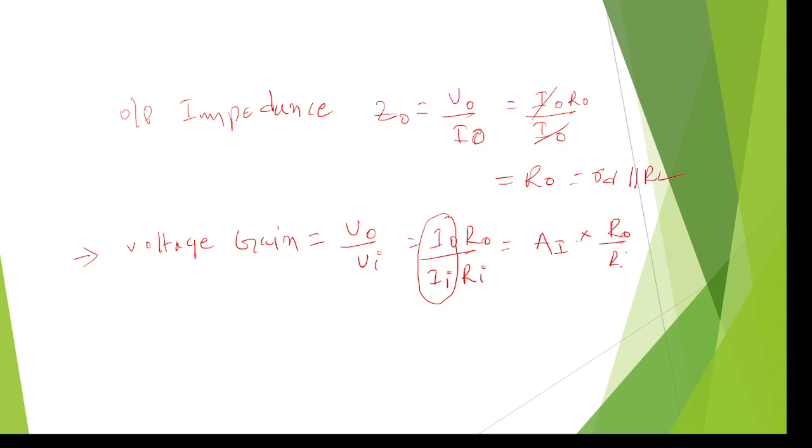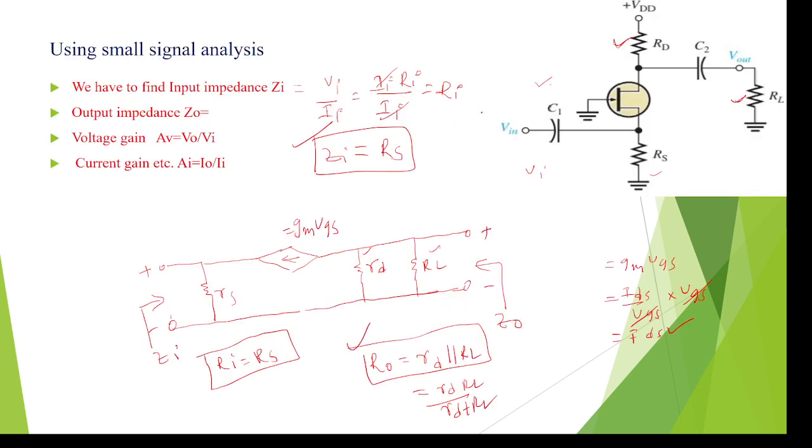We can substitute the Ro and Ri values: Ro is RD parallel to RL, and Ri is RS. So like this we can find the voltage gain, current gain, input resistance and output resistance, or impedance, for any circuit. Mathematically we can easily calculate. Thank you.